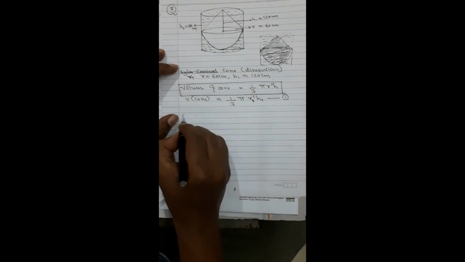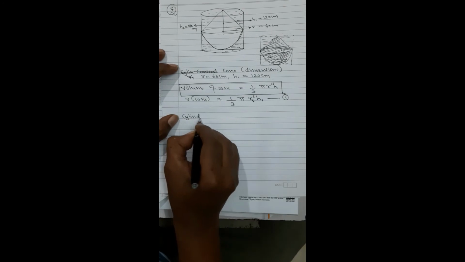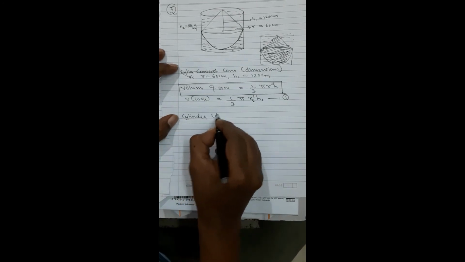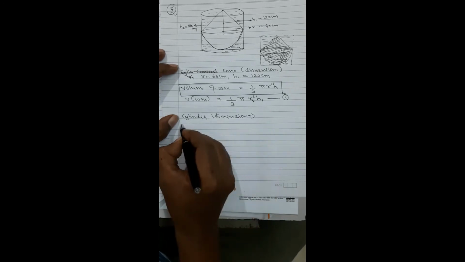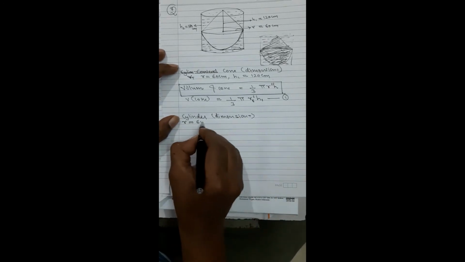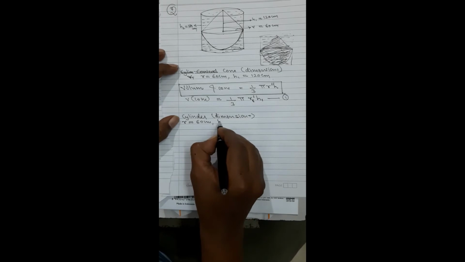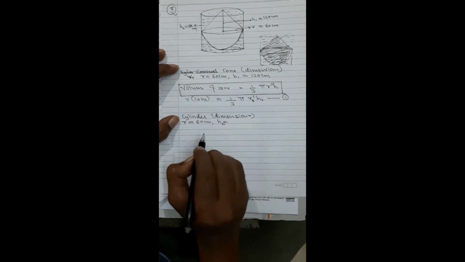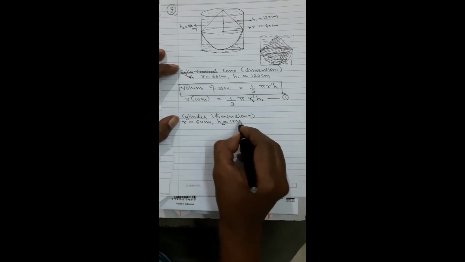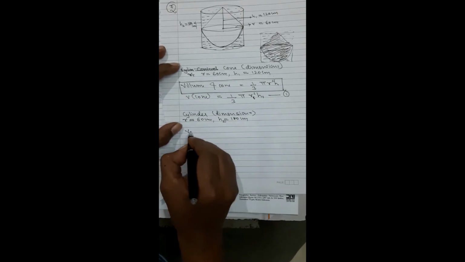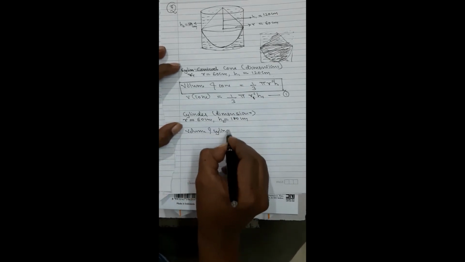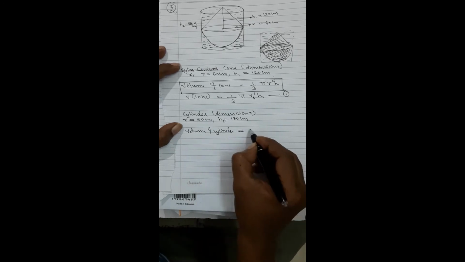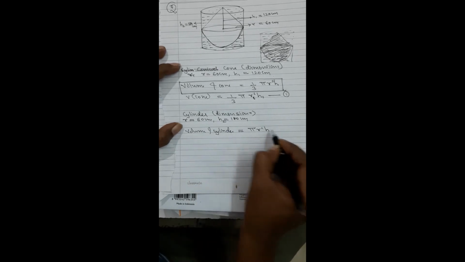Now I talk about cylinder. Dimensions are r is going to be same even now 60 centimeter and h2 is equal to 180 centimeter. Now volume of cylinder formula is equal to pi r square h.